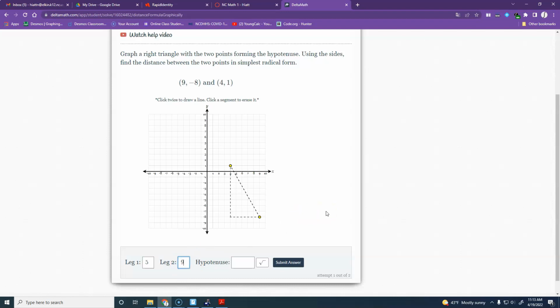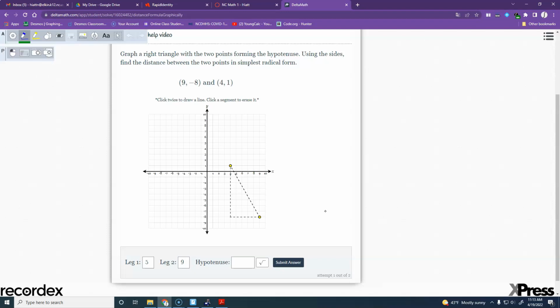Oh, no. Oh, I might teach you something else. I think. I might teach you one more thing because I forgot to check and see if Delta Math. Let's see what it'll do. I got to check. You're going to have to do it. I just may have to teach you one more thing.